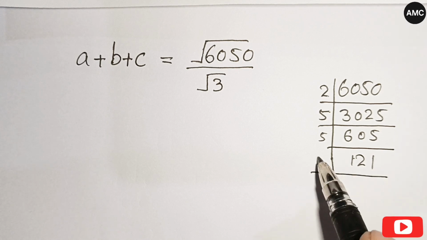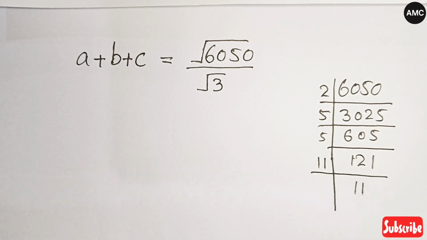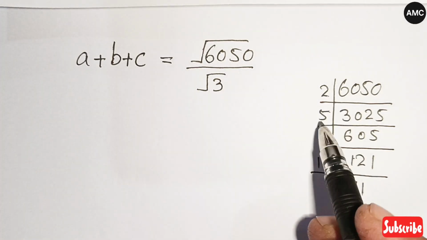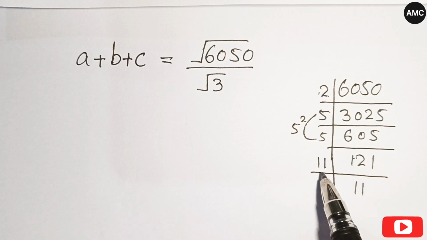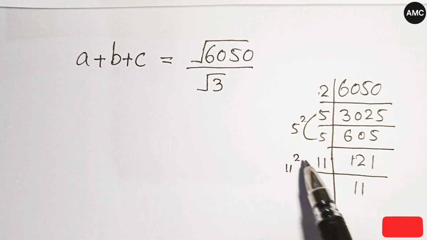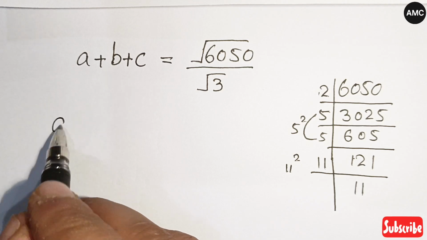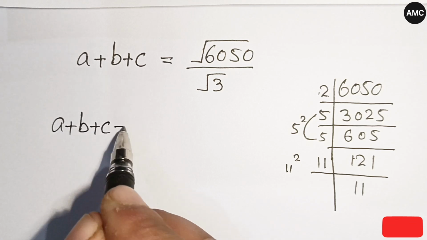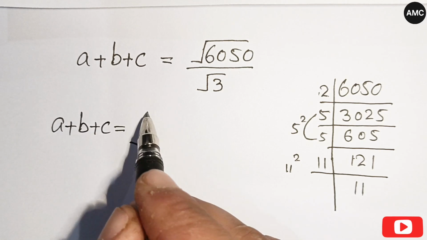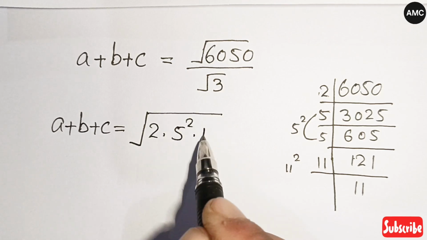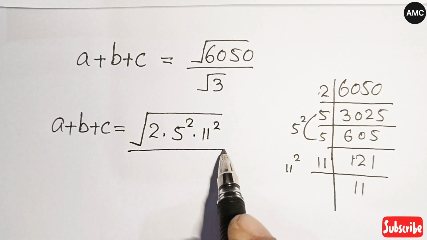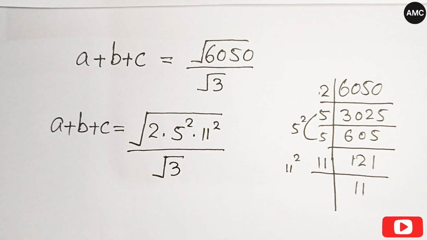Now dividing by 11, we get 11 here. Now 5 times 5 is 5 squared, times 2, and 11 times 11 is 11 squared. So we have that a + b + c is equal to the square root of 2 times 5 squared times 11 squared all over square root of 3.